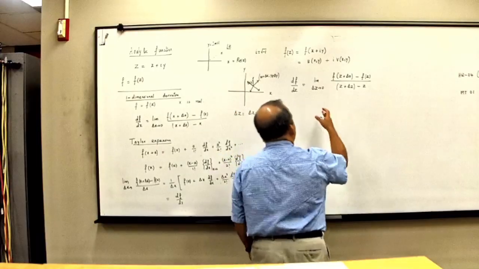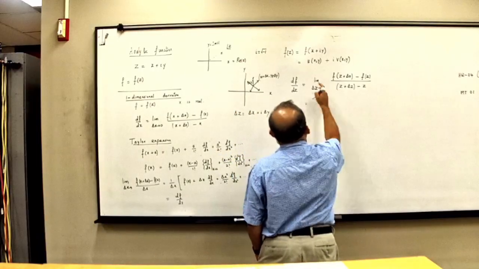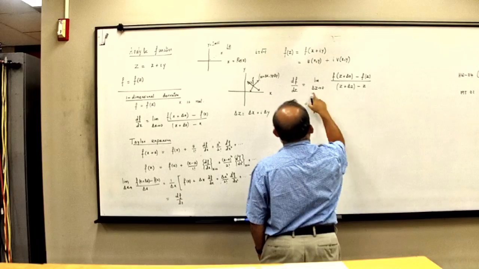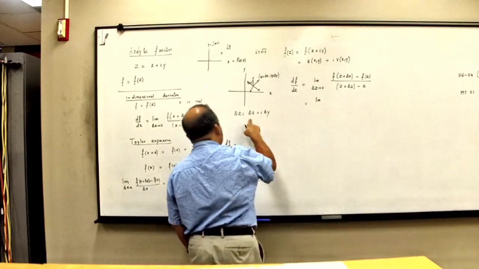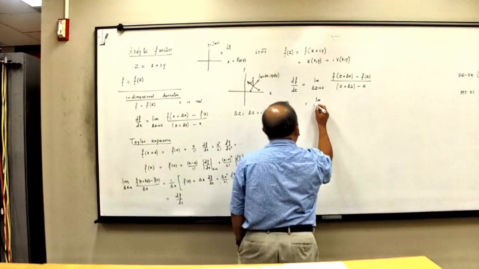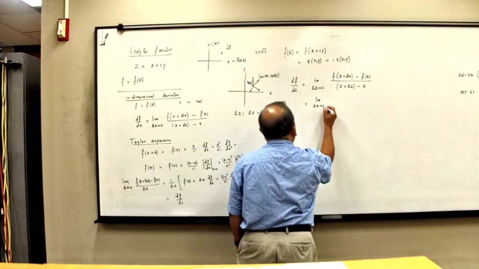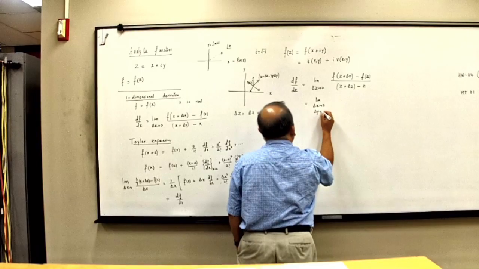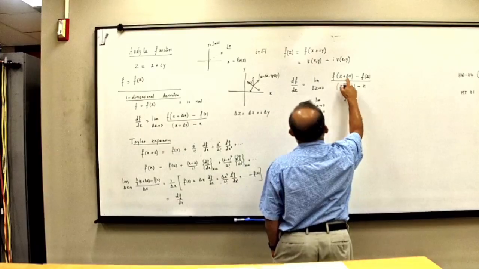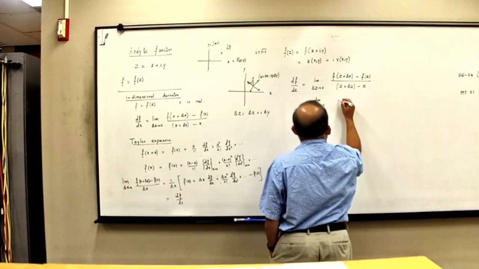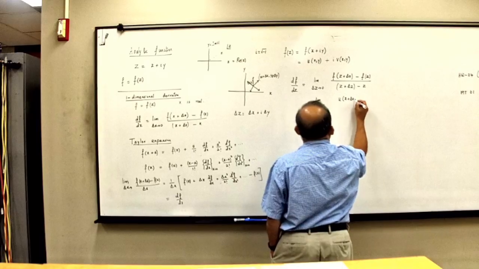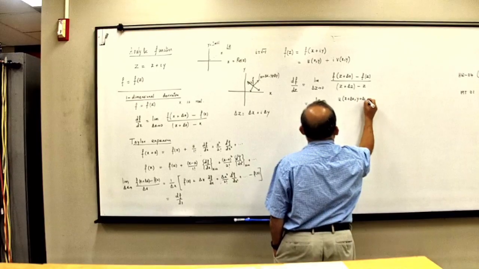Do this again, explicitly in terms of u and v. And now I say that delta z going to 0 means I have to take delta x going to 0, delta y going to 0. There are two variables. So delta x going to 0, delta y going to 0. And now f of z plus delta z will be u of x plus delta x, y plus delta y.